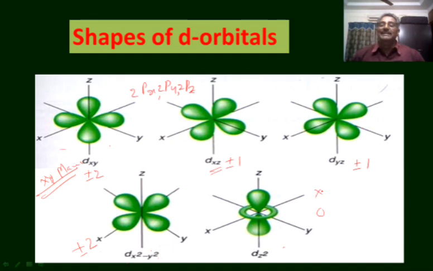This ring in the xy plane is called the collar. This collar is also electron cloud density, in the form of a donut or a ring around the nucleus in the xy plane.